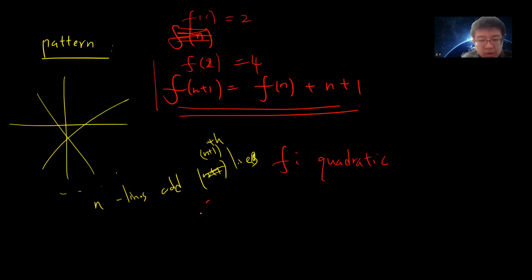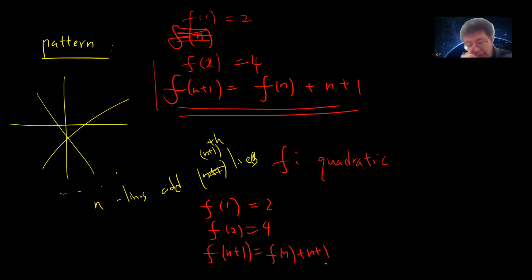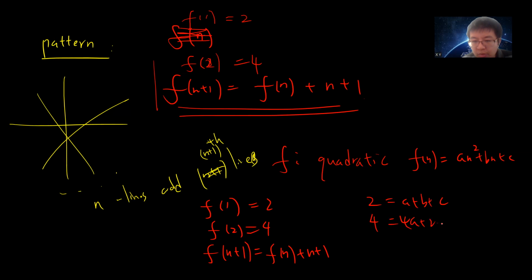So the goal is just solving f of 1 equals 2, f of 2 equals 4, and f of n plus 1 equals f of n plus n plus 1. I know it's quadratic, so I can write a n squared plus b n plus c, and I can easily solve it. So 2 is a plus b plus c, and 4 is 4a plus 2b plus c, and you can check this.